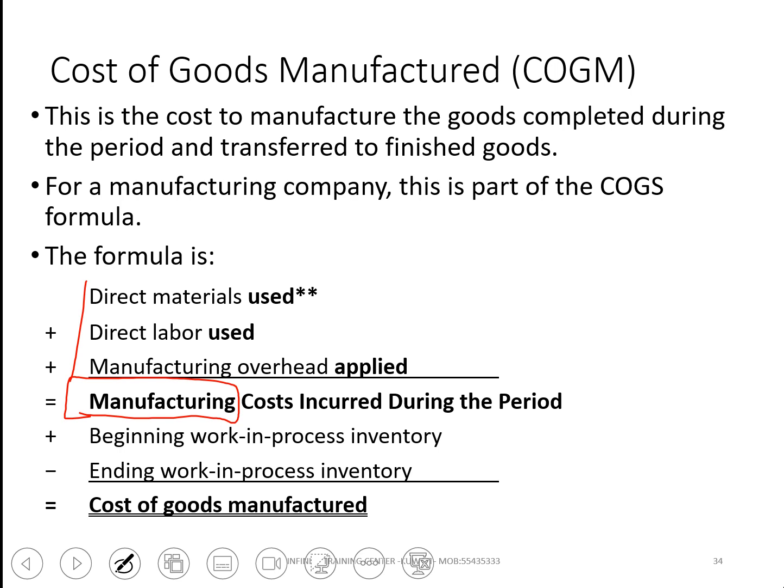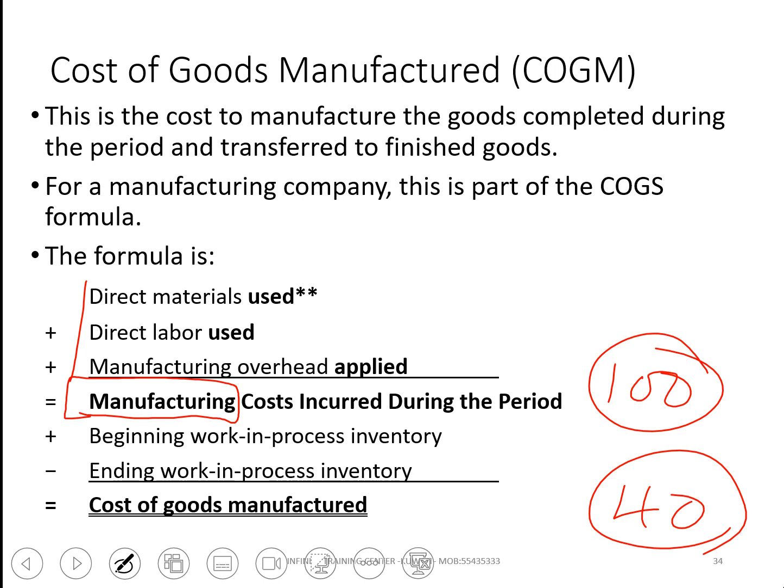That doesn't mean that this is the cost of the goods manufactured. Cost of goods manufactured means the cost of the goods actually completed, and manufacturing cost is the total cost incurred till now. So we spend a lot of money on material, labor, and overhead applied, but all this process is not yet completed.